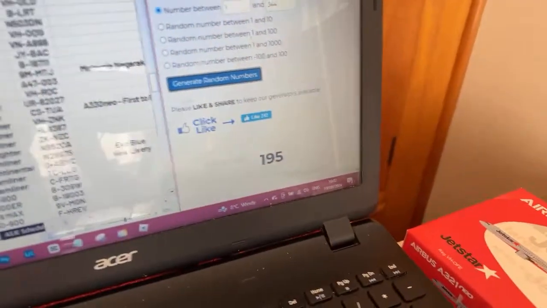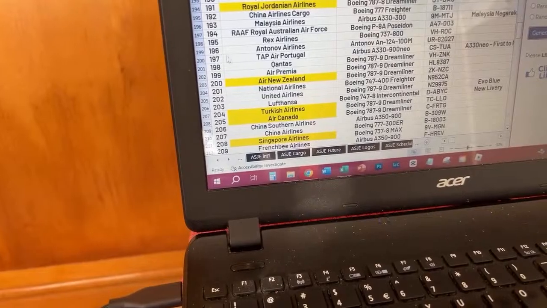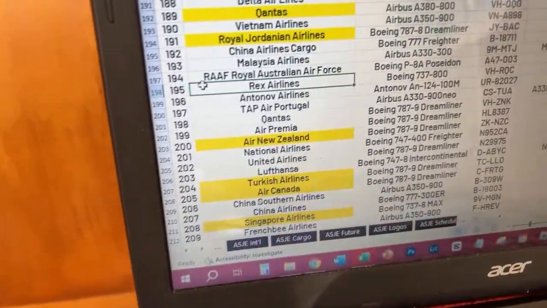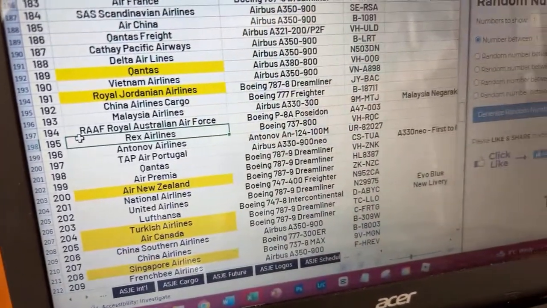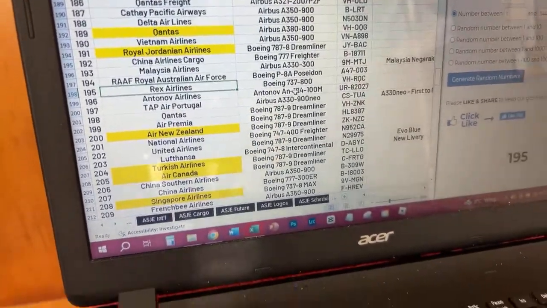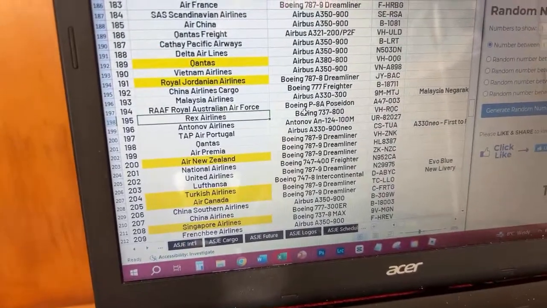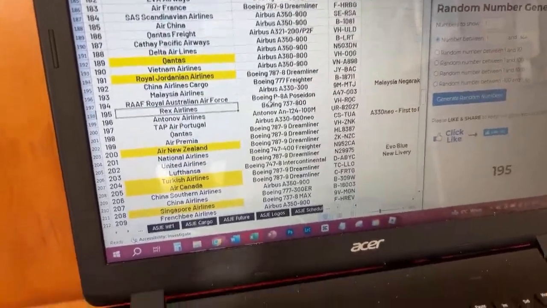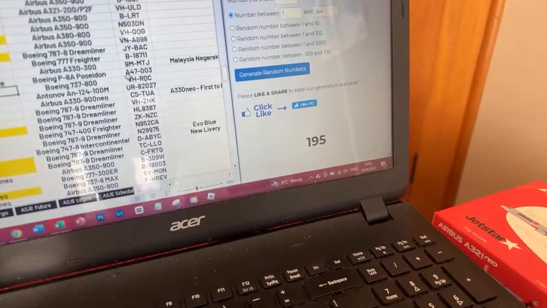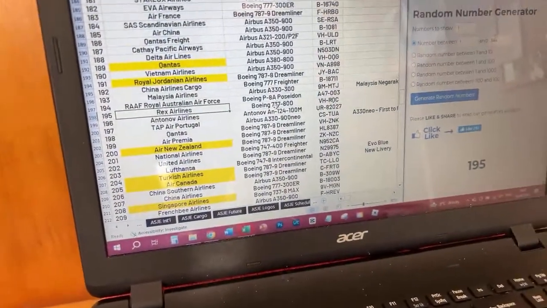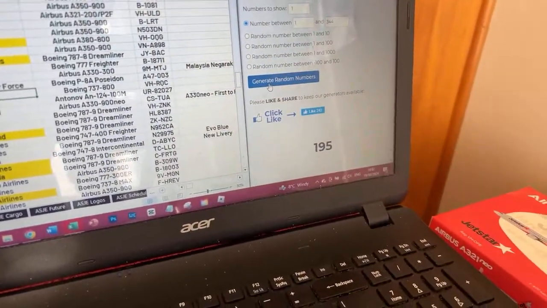So 195 was unfortunately the Rex 737, which I did not realise was still in the list. It has been sold, so it won't be in the stream or the airport update, but I will update the list for the next airport update.